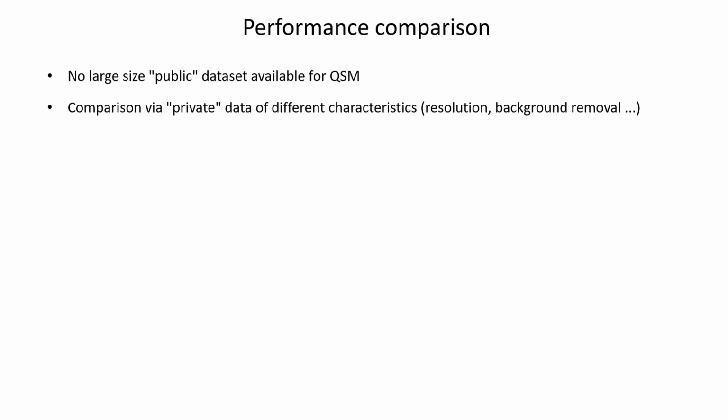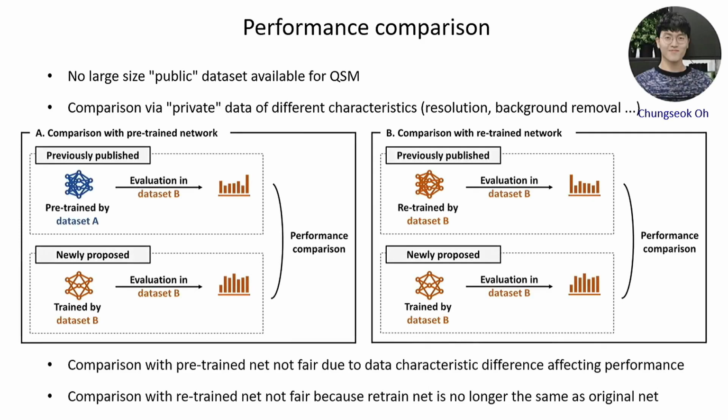But largely, the techniques are developed based on private data sets. And in most cases, these private data sets have different data characteristics, like different resolution or a different background removal method. They all affect the performance of the network. So when you do the comparison, you can think about two different approaches, and this particular work will be presented by Chung-Seo Go right after this presentation.